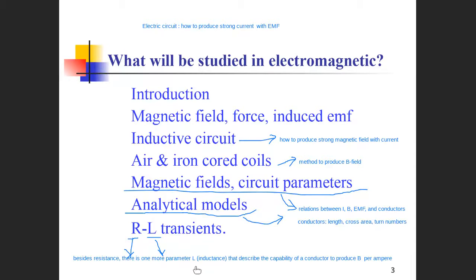Okay, so after analysis, besides the resistance, we introduce one more parameter, inductance. We use the symbol L to represent it. Now, what does it mean? Very important. The inductance is used to describe the capability of a conductor to produce magnetic field B per ampere.